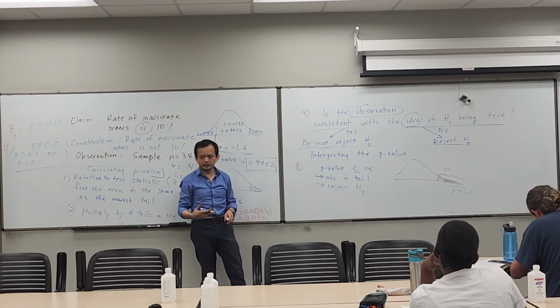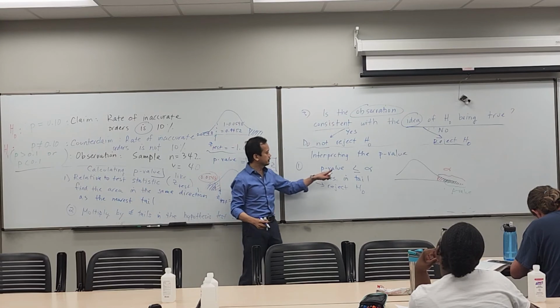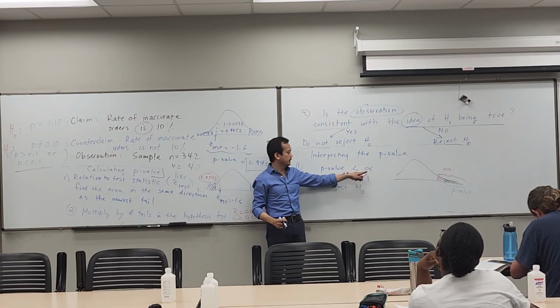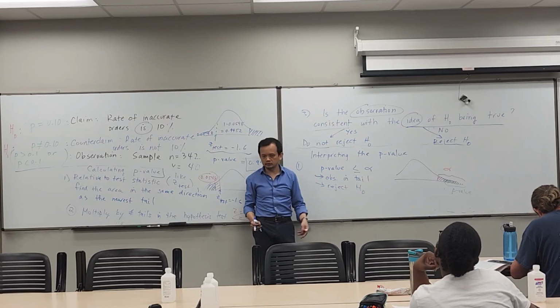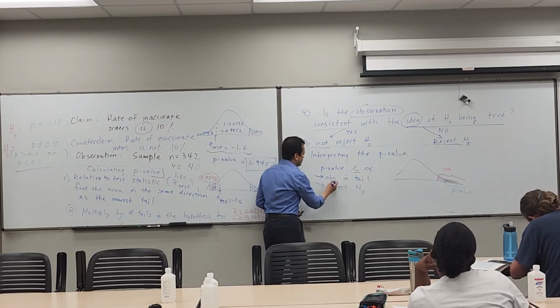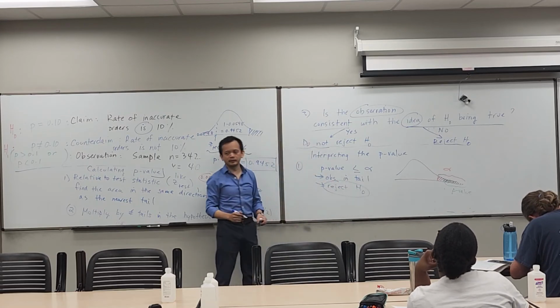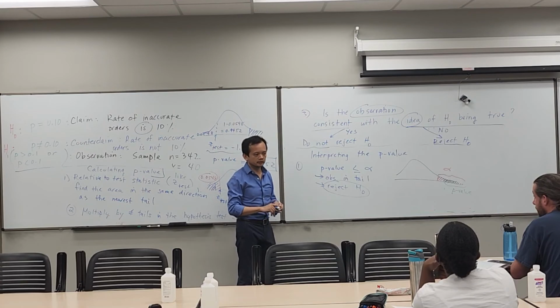So all you have to do to make the correct conclusion using the p-value is compare the p-value to alpha, and if the p-value is less than or equal to alpha, then you can reject the null hypothesis. So there's a cute saying to help you remember this, which is, if the p-value is low, the null must go.